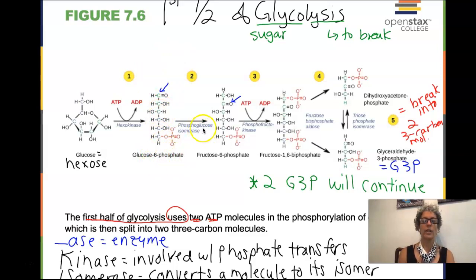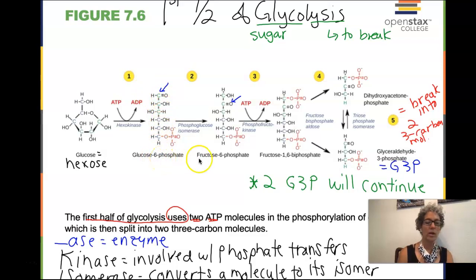Then we have an enzyme called a phosphoglucose isomerase. Isomerase is an enzyme that catalyzes the formation of an isomer. We're not going to add or subtract any functional groups, but we're going to rearrange the functional group. And that's with this blue arrow. We had an aldehyde functional group on the first carbon with glucose 6-phosphate.